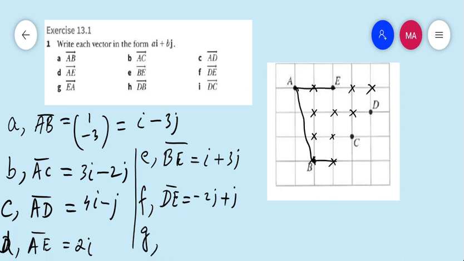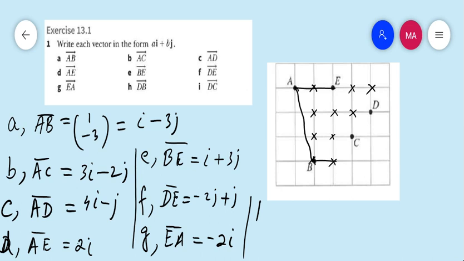Part G, EA. So just see the answer of part D. AE is 2i, then EA is obviously minus 2i. So this is the opposite vector of AE. Now see the concept: an opposite vector means we just multiply the given vector by the negative sign.